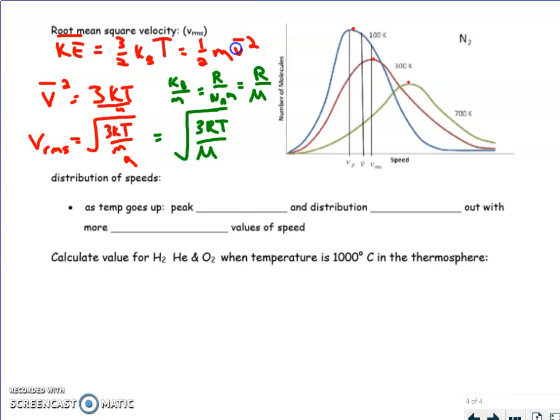It will get lower, and the distribution spreads out with more extreme values of speed, and that's important. In other words, at the tails, you're going to see more of it than you do when you have a smaller temperature. So at a smaller temperature, they're more closely clustered together. Therefore, the number of molecules that occur there are going to be higher and higher.